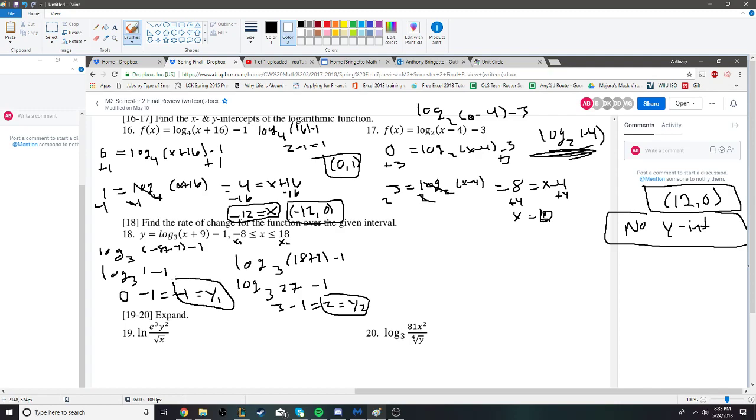So now I have to plug them into the slope formula. y2 minus y1 over x2 minus x1. y2 was 2, y1 was negative 1, x2 was 18, sorry, x1 was negative 8. So this is 3 over 26.